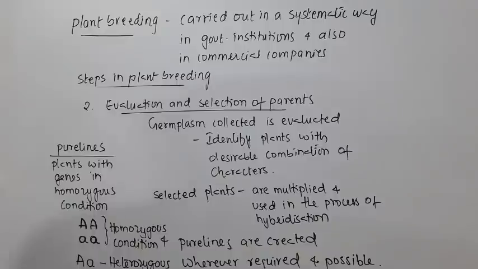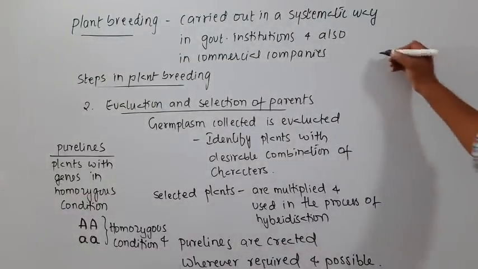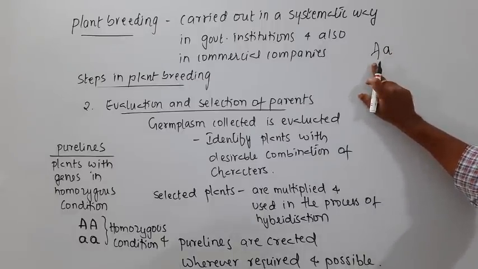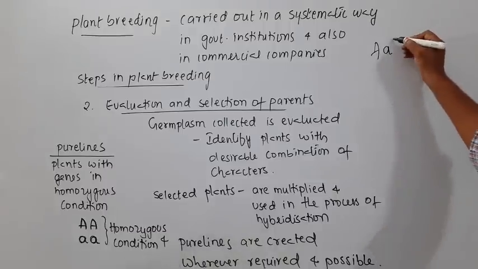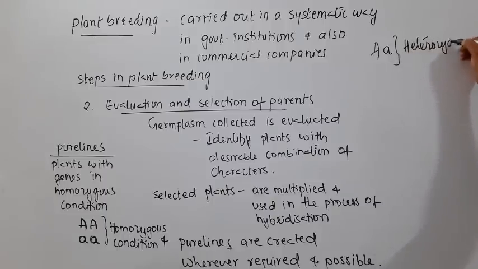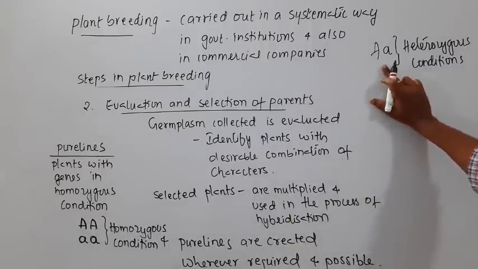So if one is dominant and another one is recessive, I'll mention that here: capital A, small a. The capital A indicates a dominant allele, and the small a indicates a recessive allele. If it is the case, then this is a heterozygous condition. So if the plant has more genes in heterozygous condition, then there is a chance of these genes getting separated.